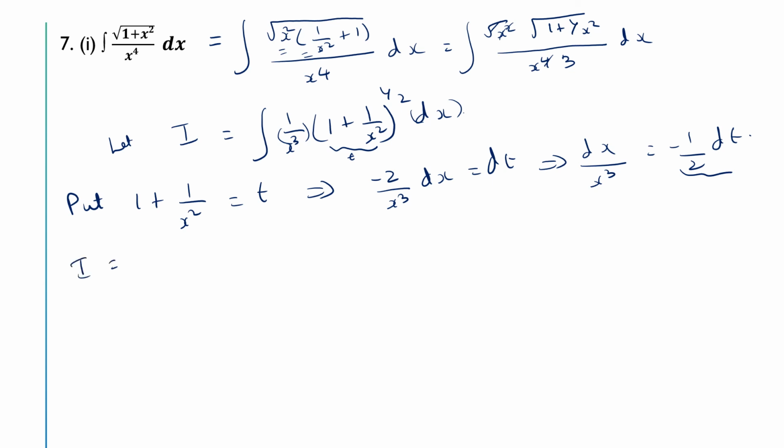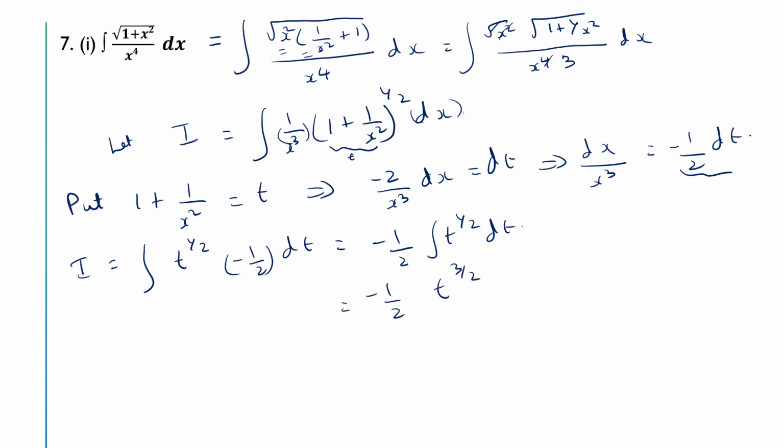So I is equal to integral t raised to half into minus half dt. So this is equal to minus half, you can take it outside, integral t raised to half dt. So integral t raised to half dt will be t raised to half plus 1 by half plus 1 plus c.